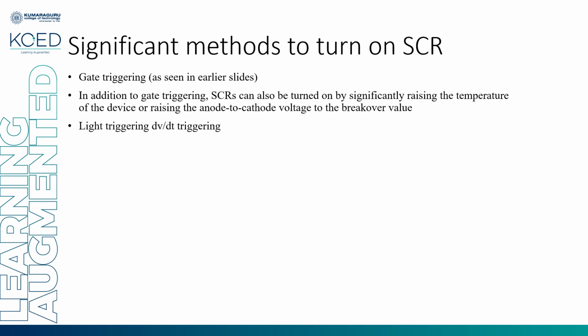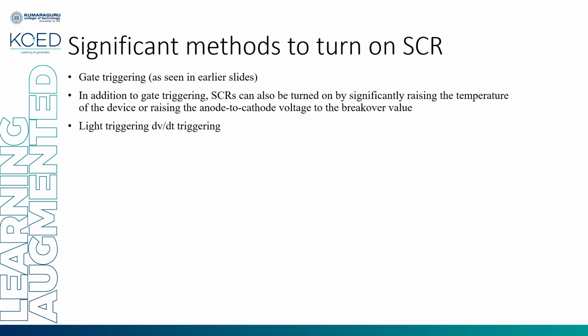In addition to gate triggering, we have some more methods: light triggering and dV/dt triggering, also called rate triggering. Light triggering is nothing but using light to energize the control terminal gate to switch an SCR from off state to on state.